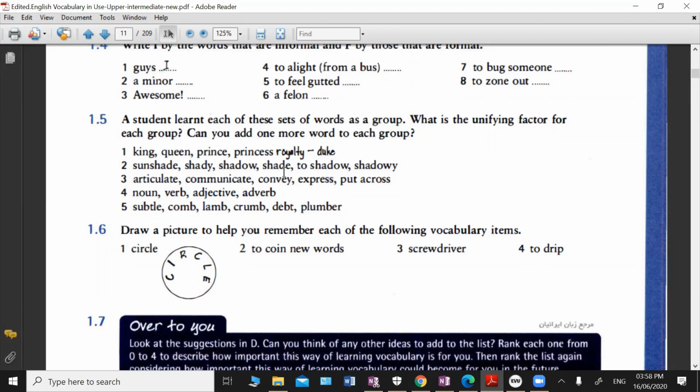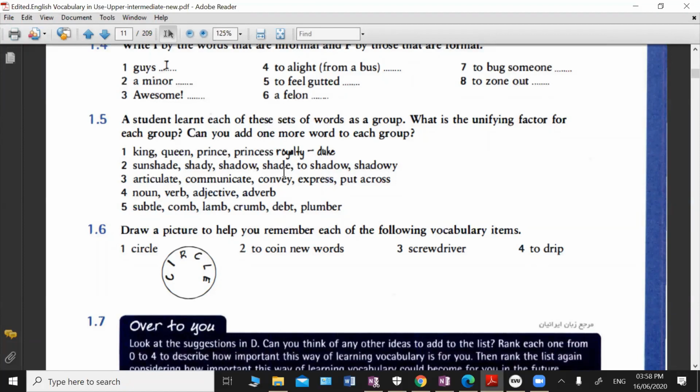What about number 3? Articulate, communicate, convey, express, put across. Now you see, all these words have the same meaning. Communicate means you give your message to the other person, like you convey the message, you express your message, you put across.